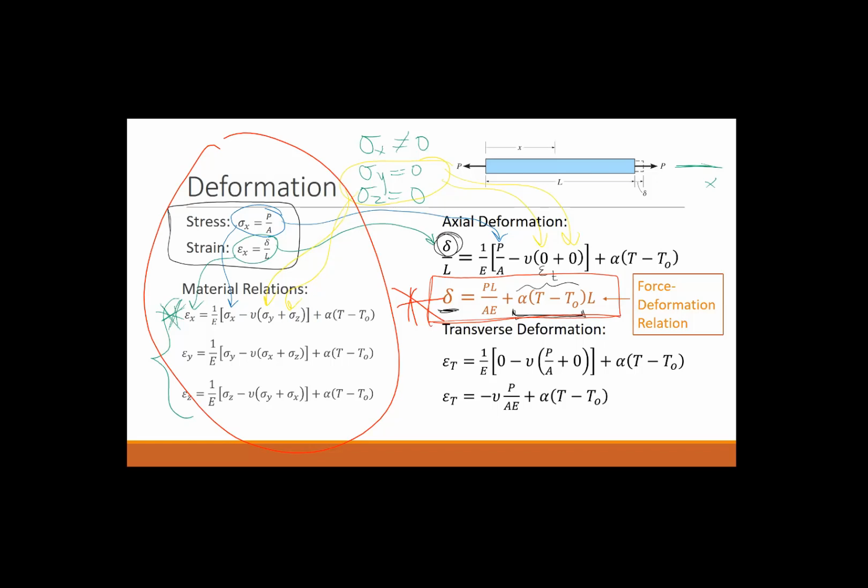Both of the transverse directions are going to have the same strain right here. And if you'd like to turn that into an elongation equation, multiply both sides by the initial dimension in that direction. So you don't multiply them by L, you're going to multiply them by, say, the width or the thickness of the member.